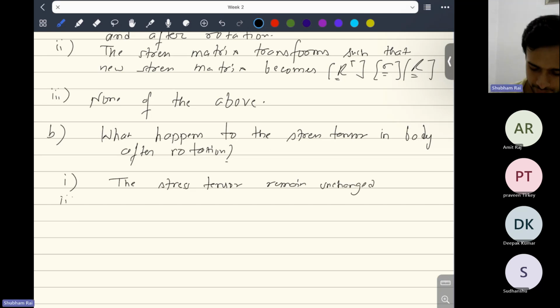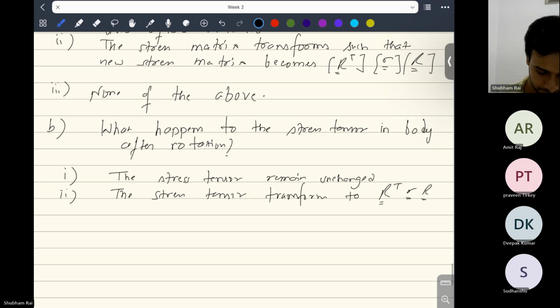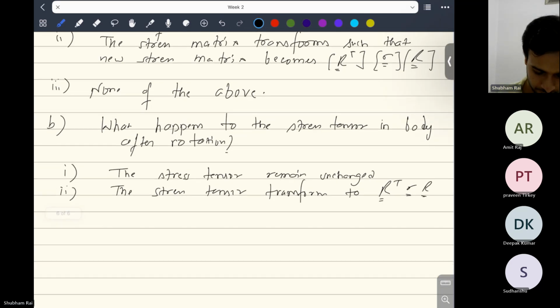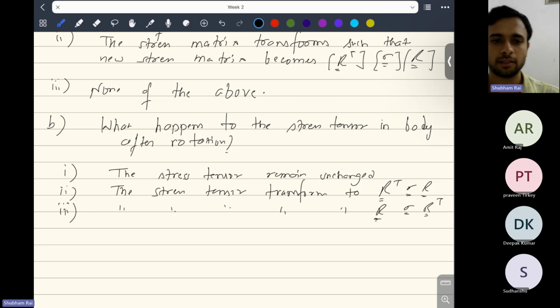Second, the stress tensor transforms to R transpose sigma R. Third, the stress tensor transforms to R sigma R transpose. Yeah, please tell me.